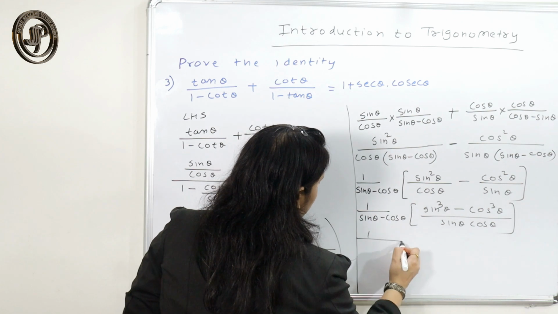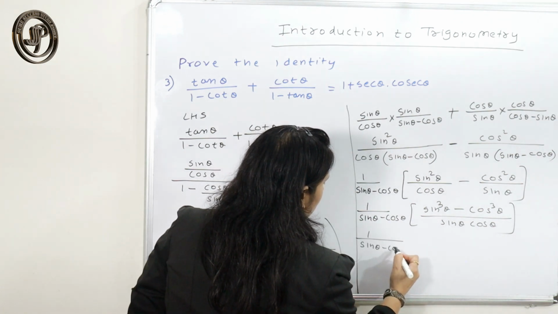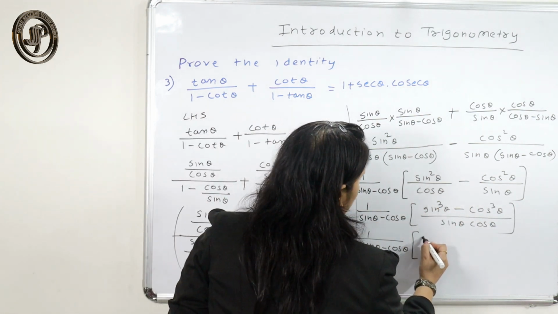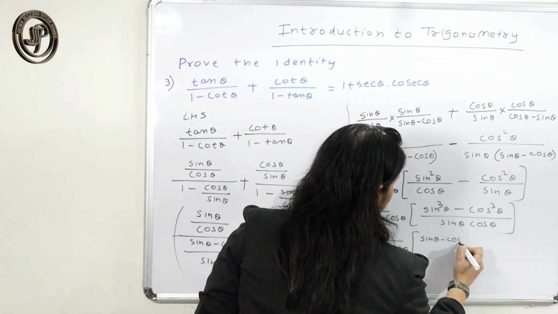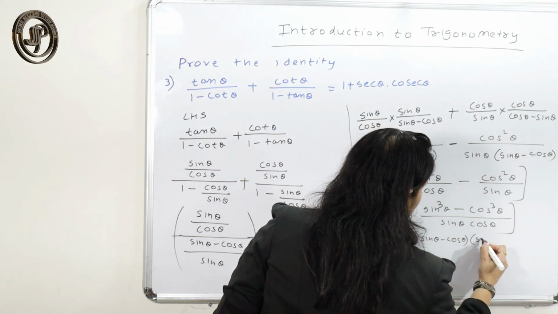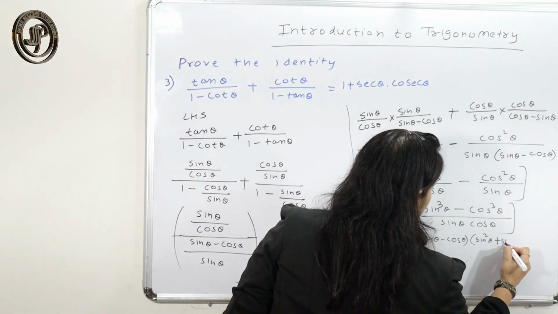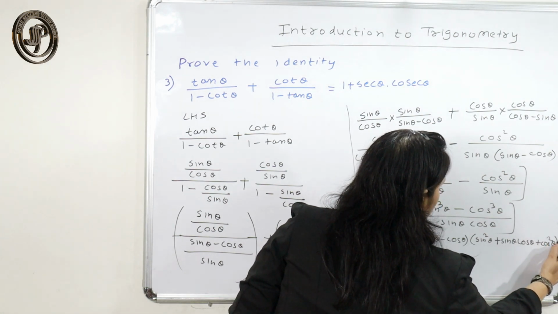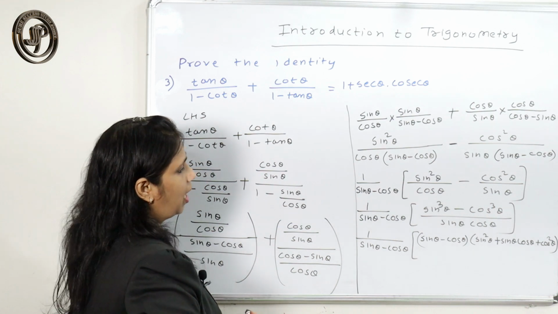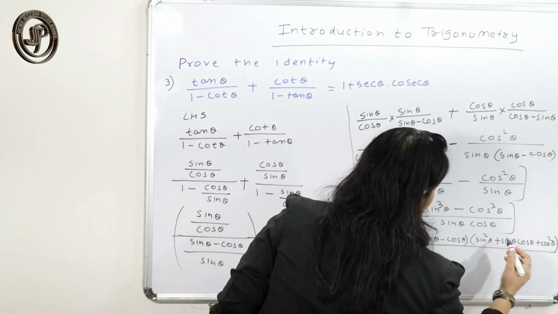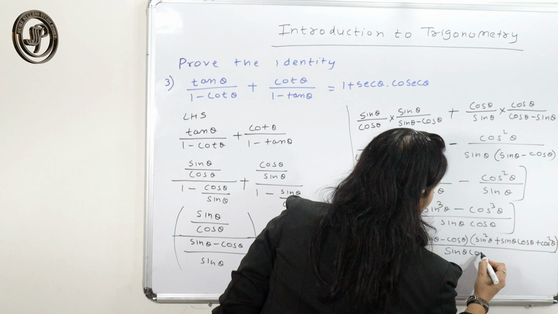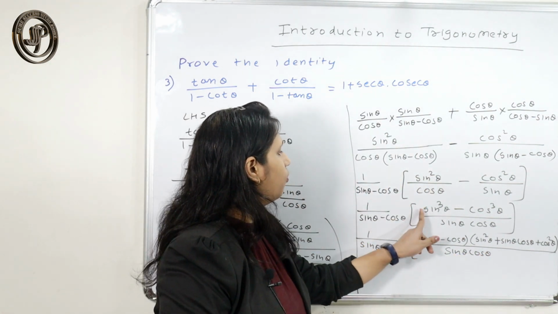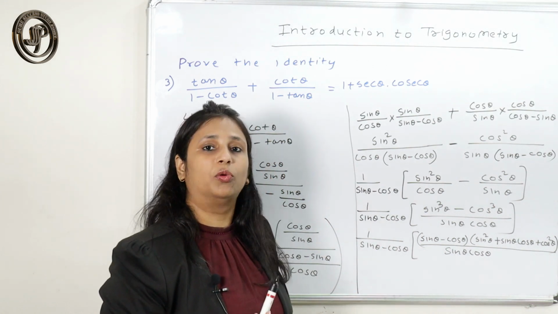Now I can use the identity for a cube minus b cube here, which is equal to a minus b into a square plus ab plus b square. Okay, I have used the identity. The second step is a very important step. Students may forget the formula for a cube minus b cube.